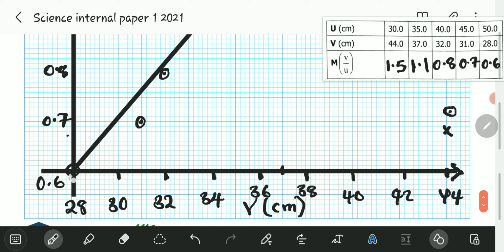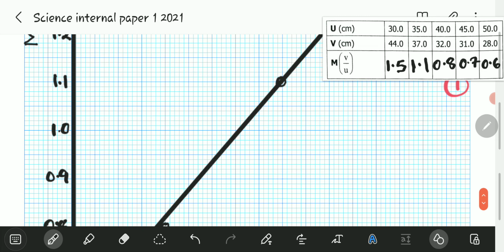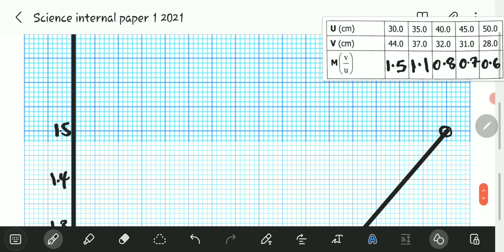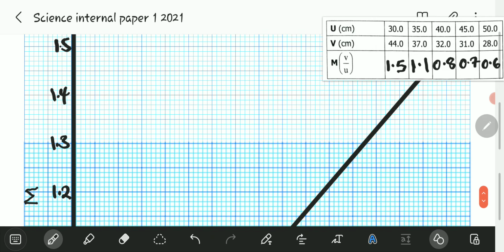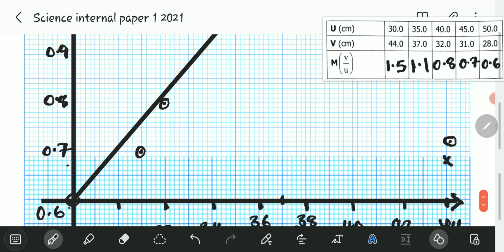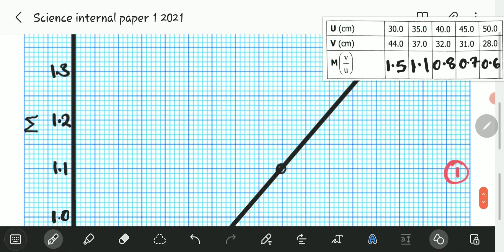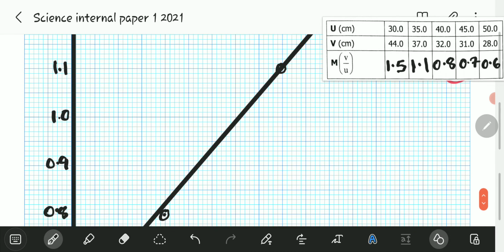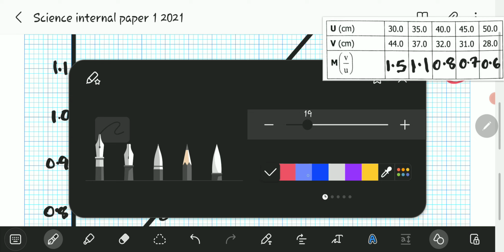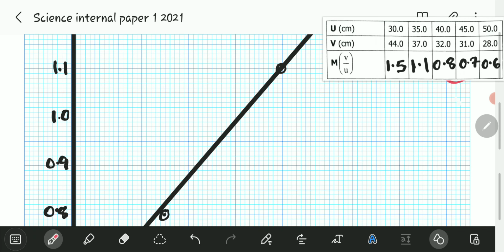It is passing through the first point, not the second. The third point it's touching. The fourth point there and the last point there. So for correctly plotted points and a smooth curve, your line should be smooth. At this point, if you are wondering about marks, you should have gotten about 4 marks.